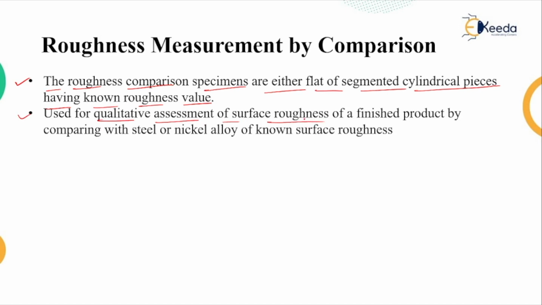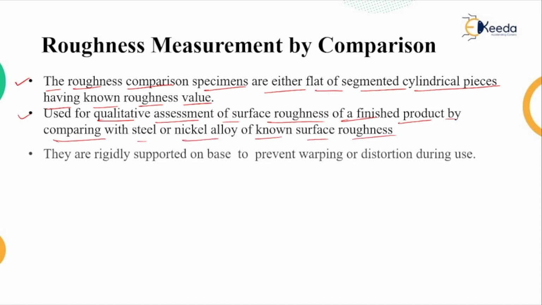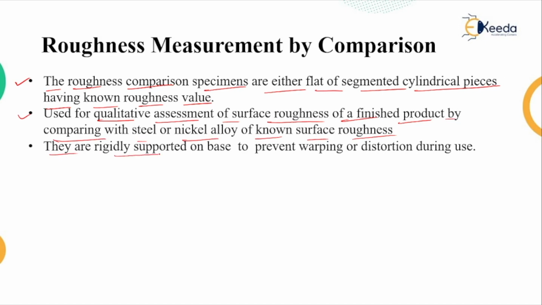Qualitative means accepted or rejected. It will not give any number, it will just say the quality of the manufacturing process, of the workpiece or the sample machined finished product, by comparing with steel or some nickel alloy of known surface roughness. They are rigidly supported on a base to prevent warping or distortion during use.